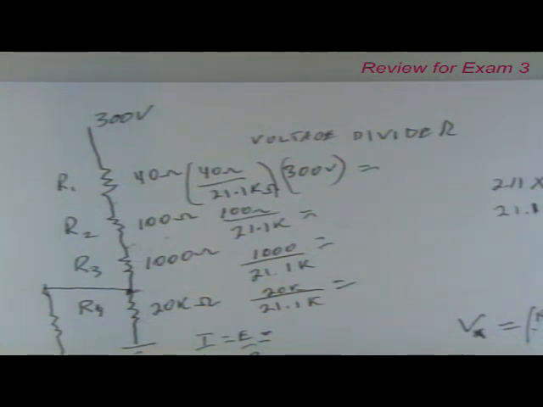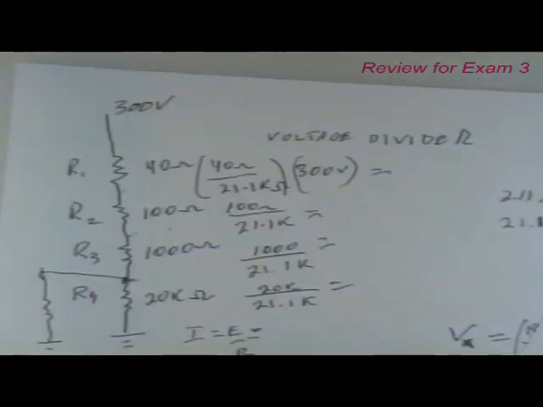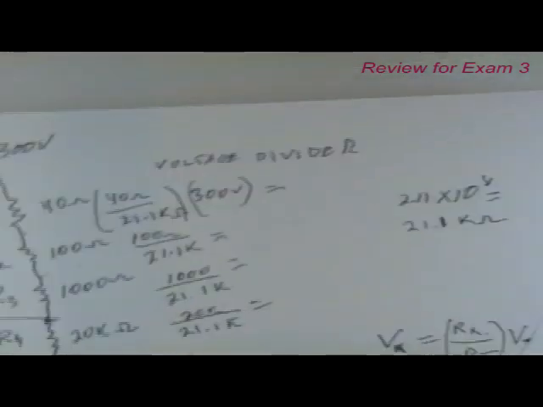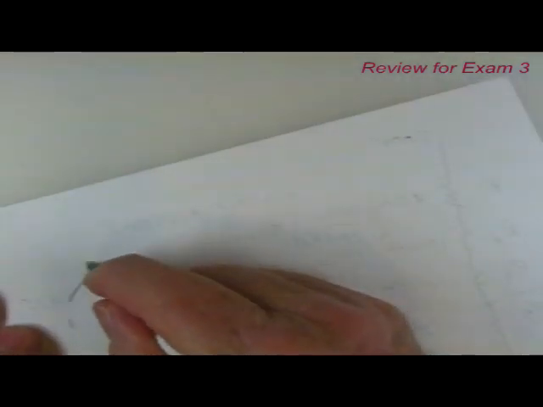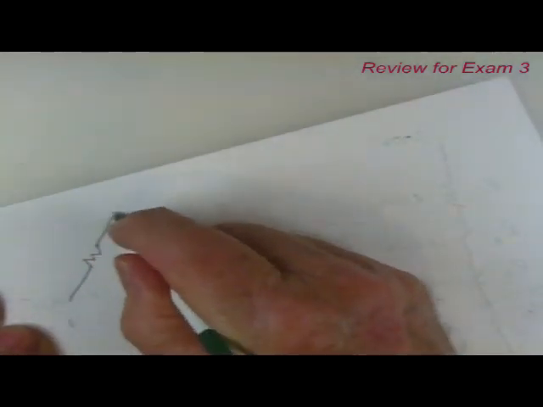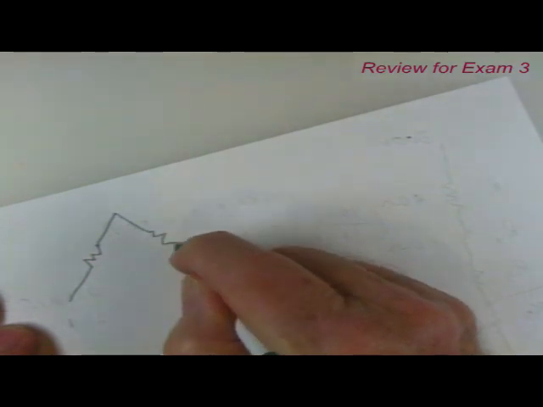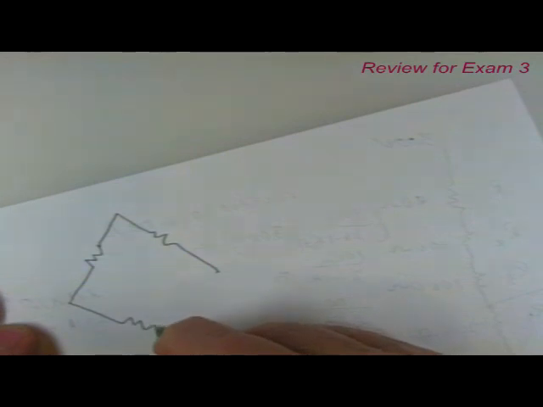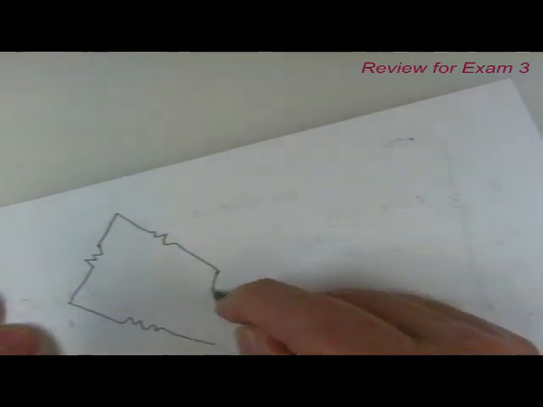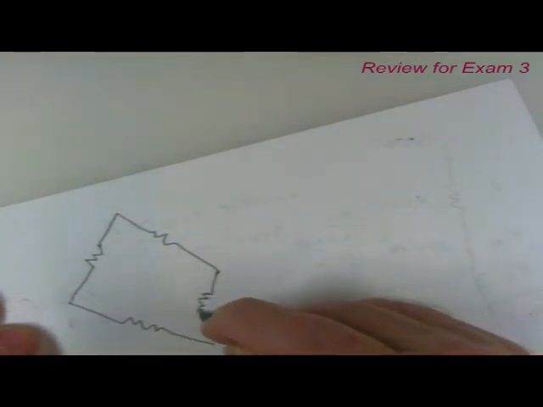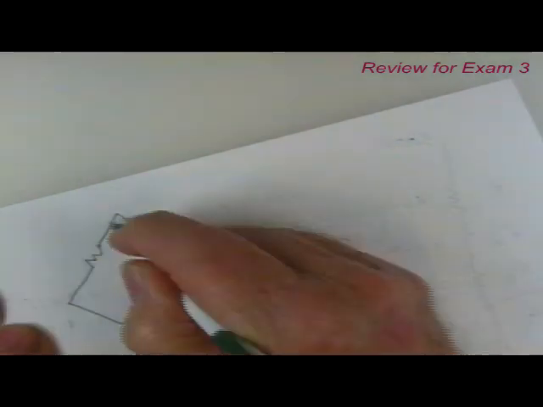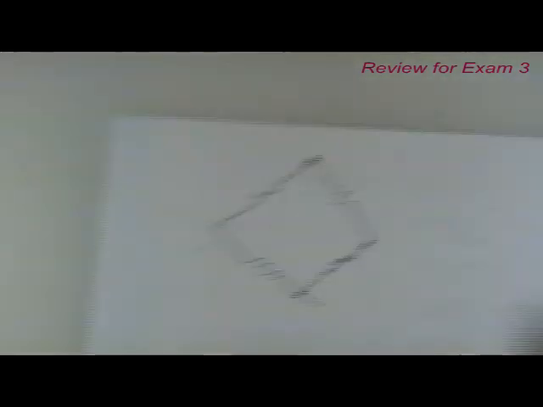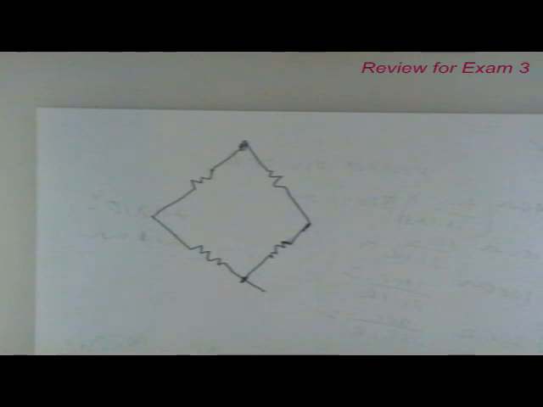So in other words, let me make a drawing. Maybe that'll clarify it a little bit. I'm going to just turn this over. Here we have a bridge circuit. Okay, do you recognize that as a bridge circuit?